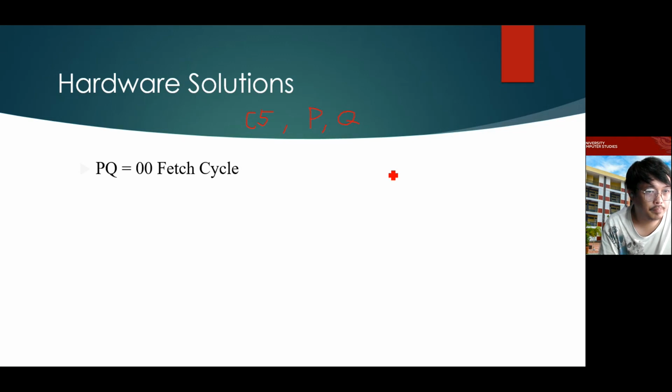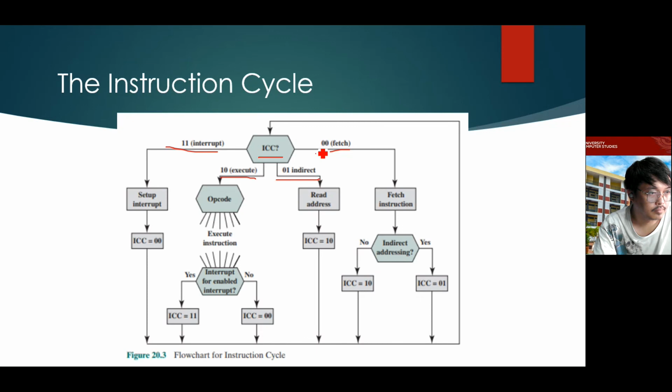First is PQ equal to 00 for the fetch cycle, as in the diagram from earlier.